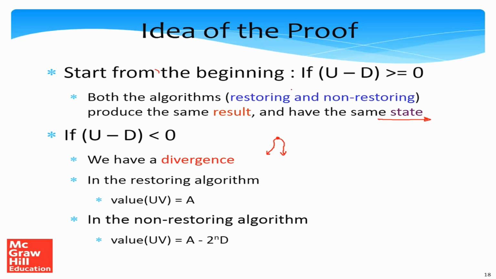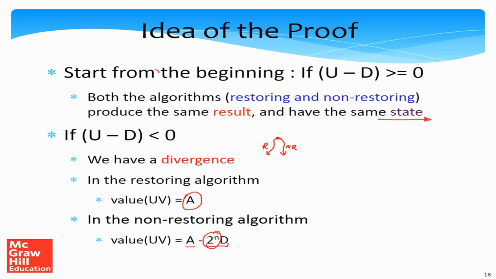Let's start from the beginning. If we can subtract d from u, we are at the same state. Otherwise, we diverge: restoring goes on one track and non-restoring goes on another track. In the restoring algorithm, let the value of the UV register, discounting the quotient bits, be A. In the non-restoring algorithm it is A minus 2 to the power n times d.